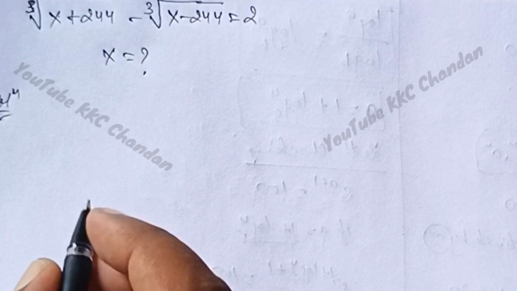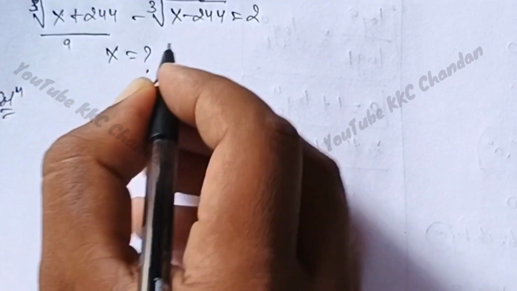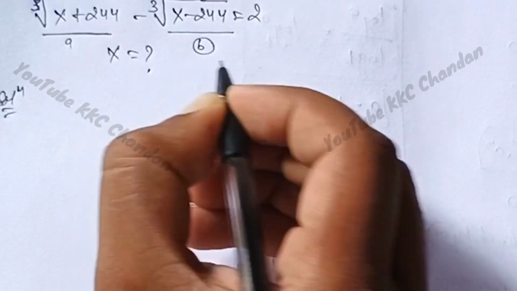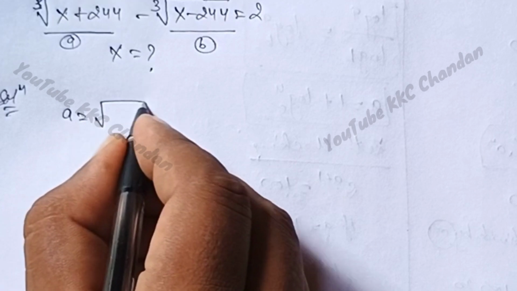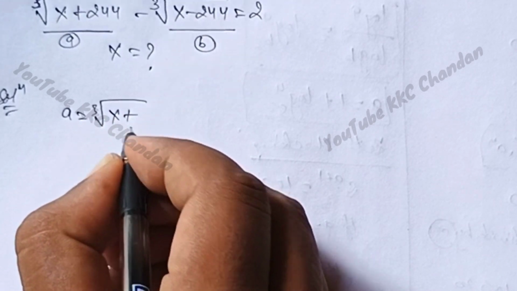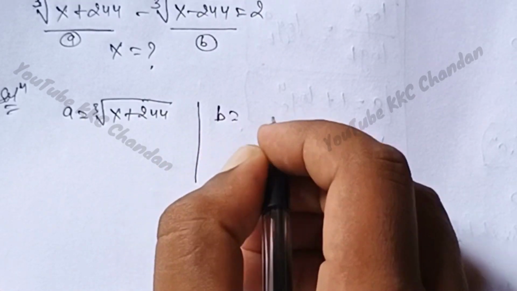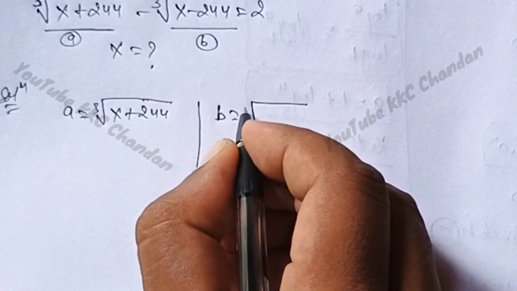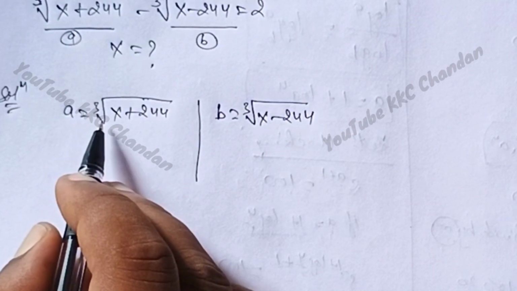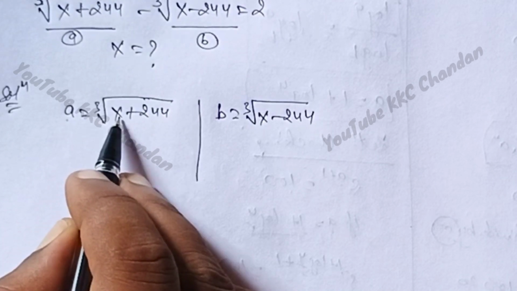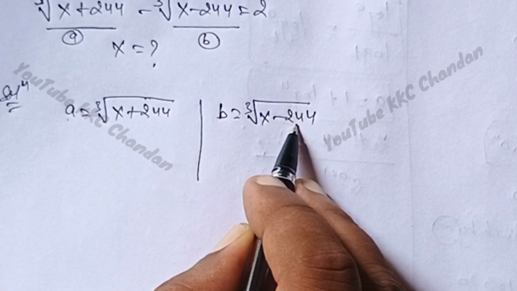First of all, we assume that this is A, this is B. A is equal to cube root of (x plus 244), and B is equal to cube root of (x minus 244).